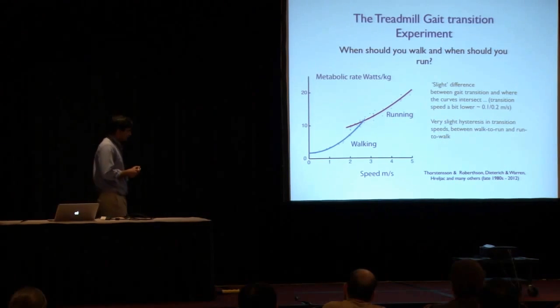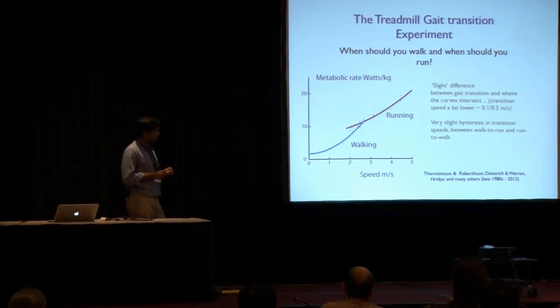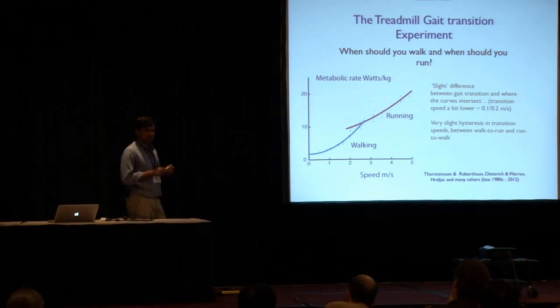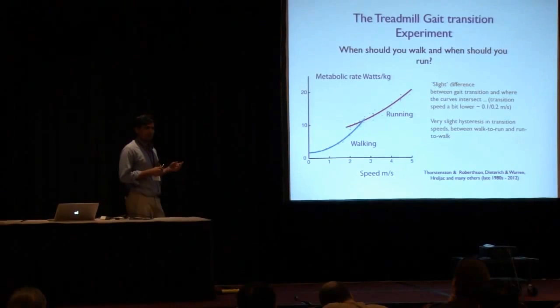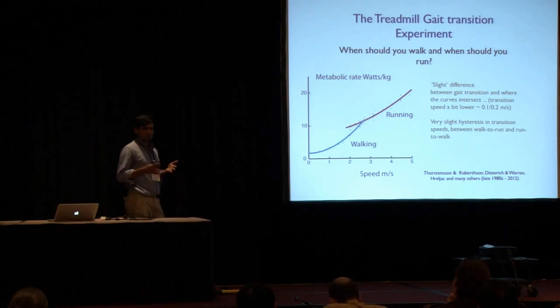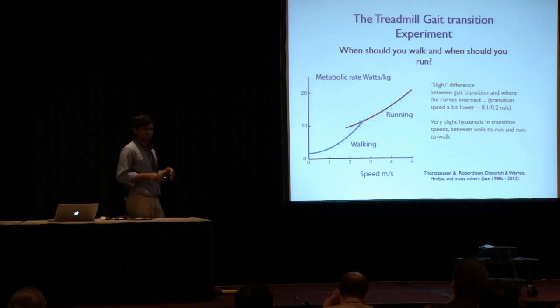So since the 1980s, or maybe even before that, people have done these classic treadmill gait transition experiments, in which you put a person on a treadmill, start them at a very low speed and slowly increase the speed of the treadmill. There are various ways of increasing the speed: people either increase it, hold it, or use slow continuous accelerations, all kinds of different protocols.